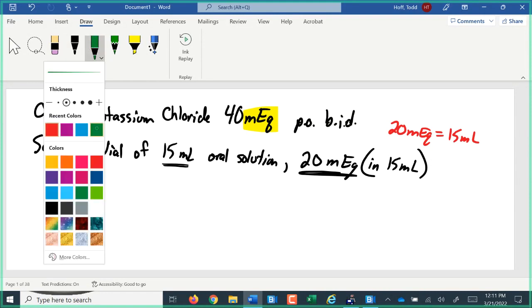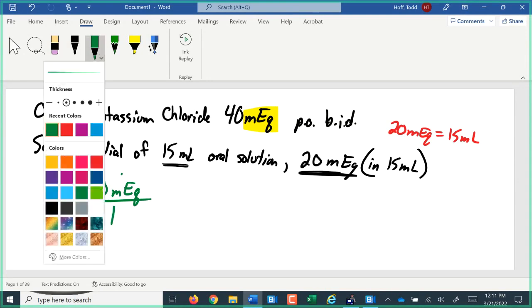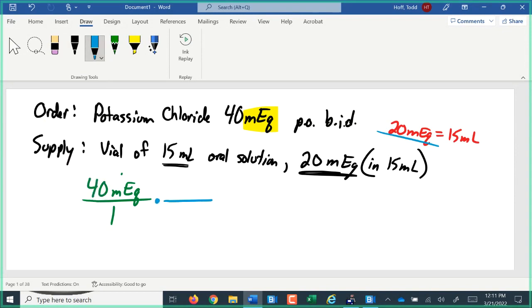Excuse me. So again, we'll start out with the doctor's orders. I'm going to stop writing the word order up here, but you know what I mean. We're starting with doctor's orders of 40 milliequivalents. Put that over 1. And our conversion here, 20 milliequivalents would go on bottom, 15 milliliters would go on top.